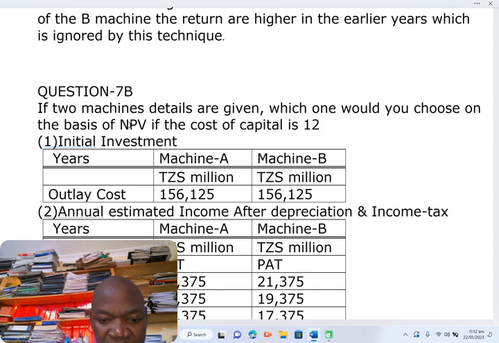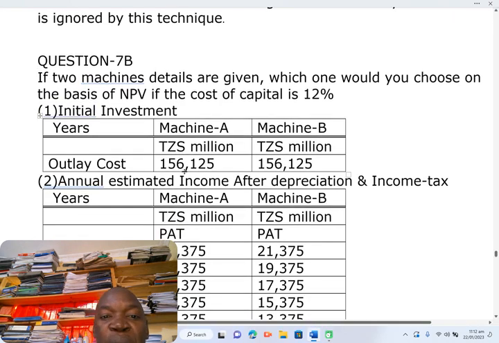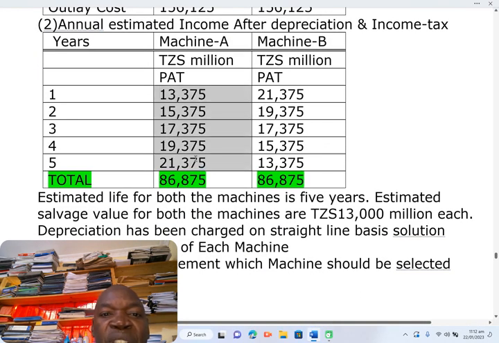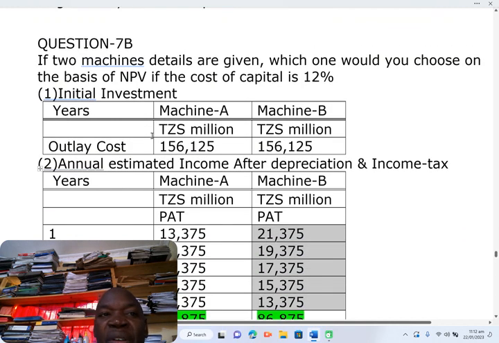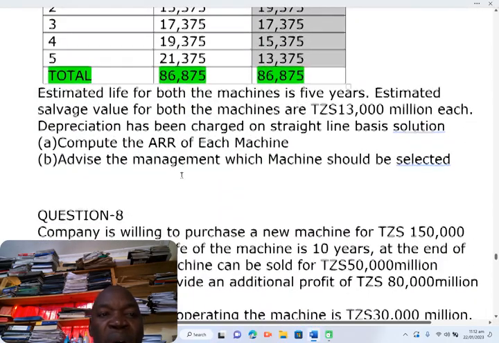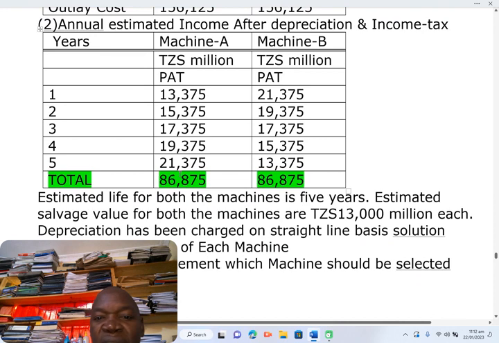Now, using this, you need to discount the cash flows of this machine and also this machine. You could see the difference in NPV. One might be higher than the other because the time value of money has been costed. So I'll leave this as an exercise for you.